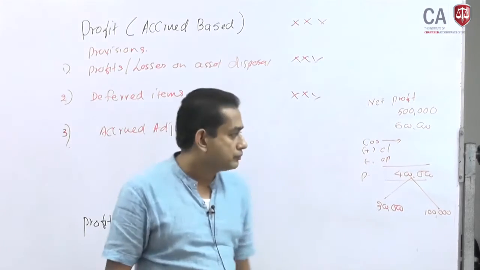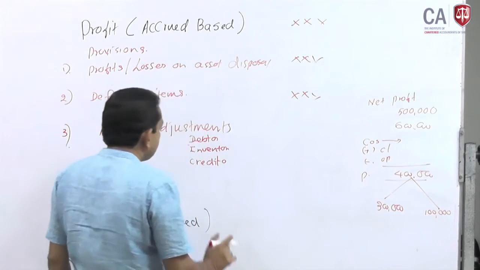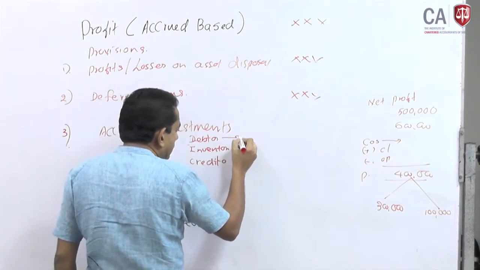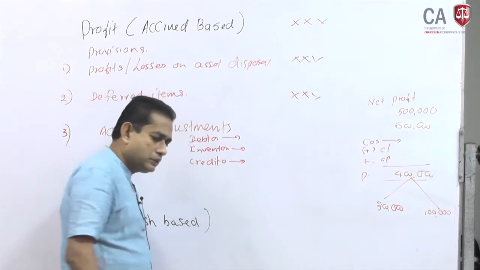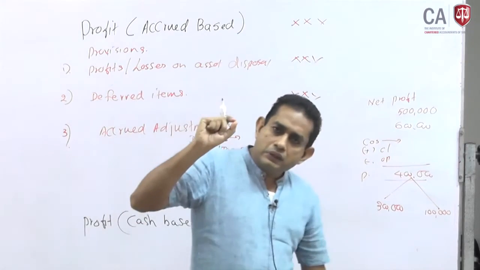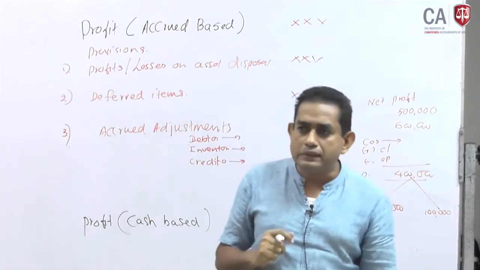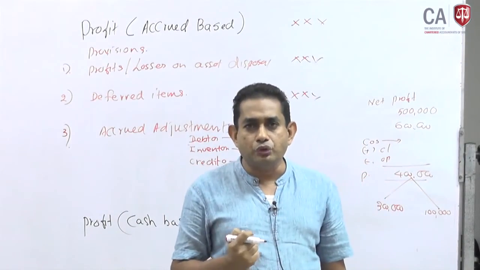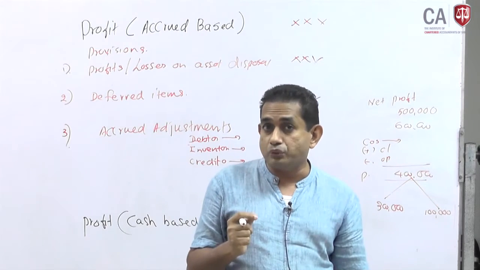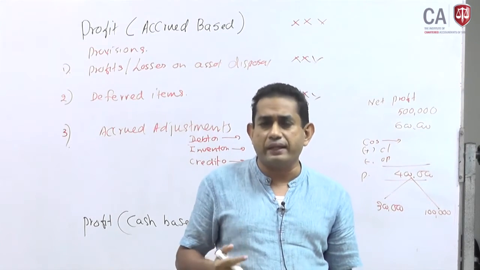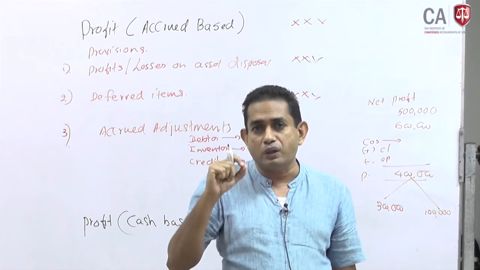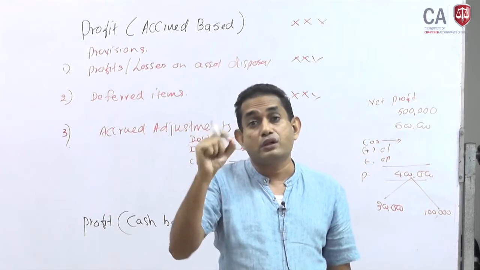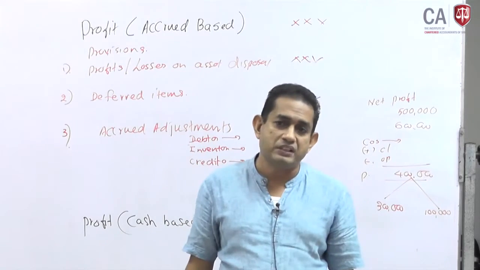Then after adjusting debtors, after adjusting inventories, after adjusting creditors, the profit figure is now converted to cash basis from accrued basis to some extent. What is that extent? That is, the gross profit is no longer on accrued basis. Now the gross profit has to be on cash basis.